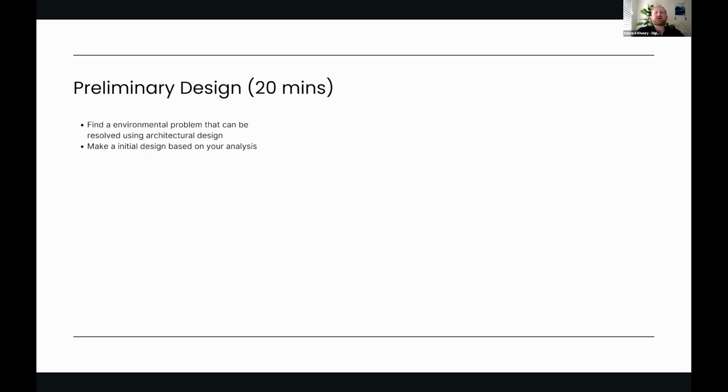So get a first pass at how you think you would help the organisms while providing space for people at the same time. Don't worry about material. Think about how to develop context for both people and the environment.